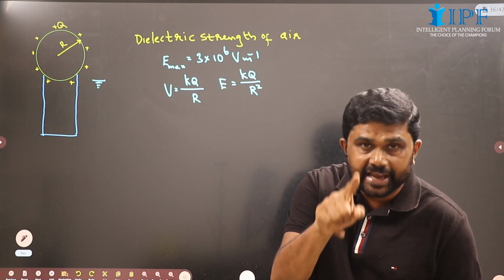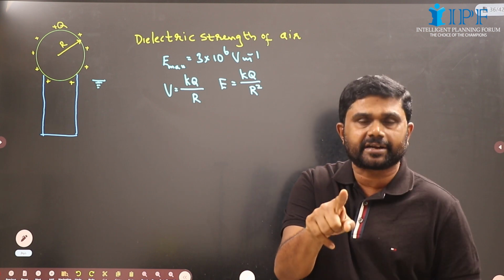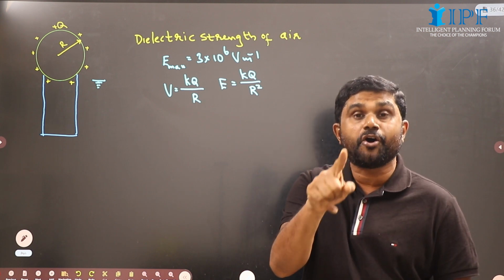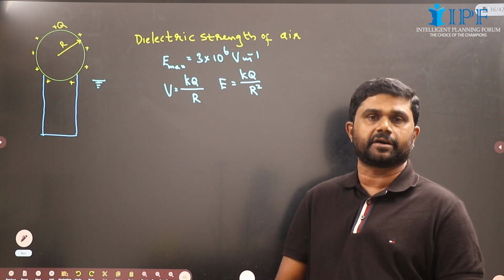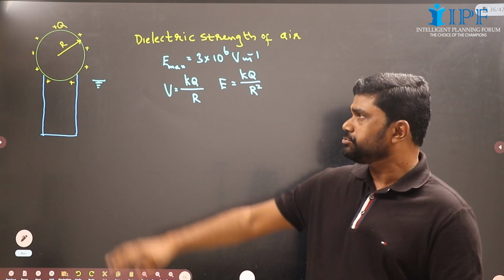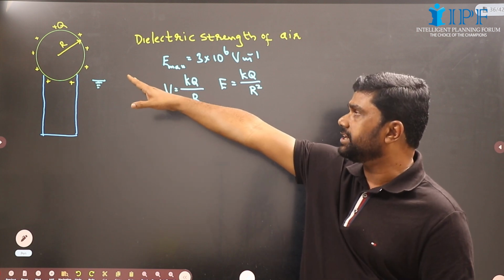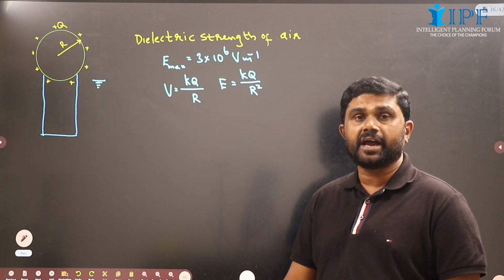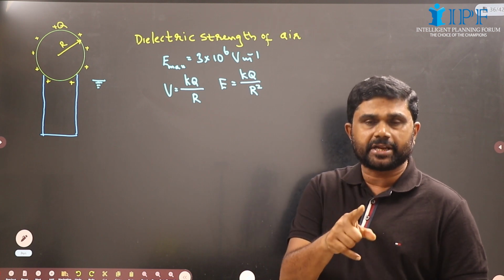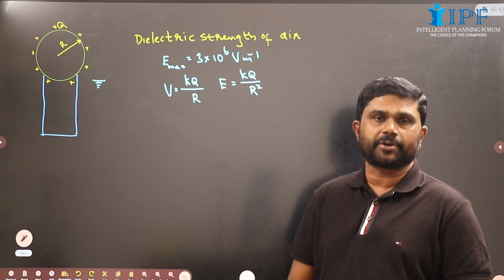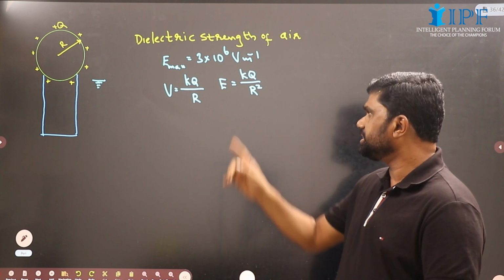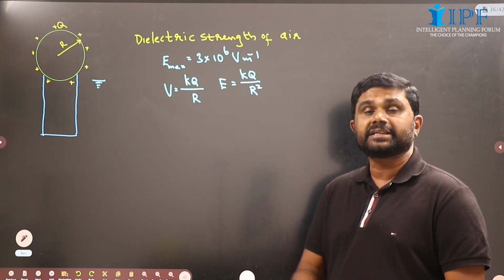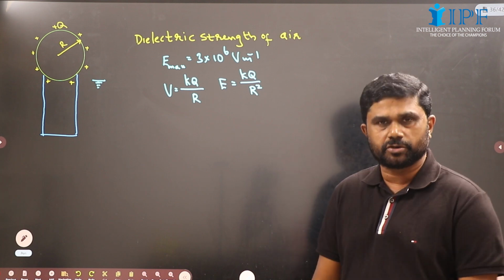But when there is air, that being a dielectric, the charge cannot move to the ground because it is an insulator. Now see, the intensity of electric field on the surface of that sphere of radius capital R carrying a charge capital Q is kQ by R square, and that k stands for 1 by 4 pi epsilon 0.